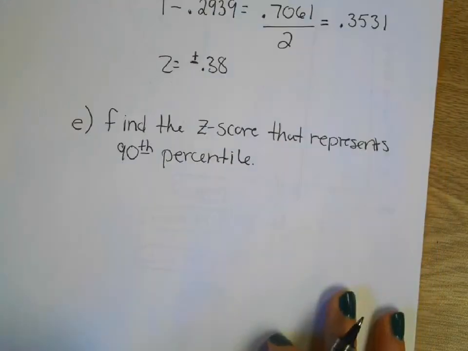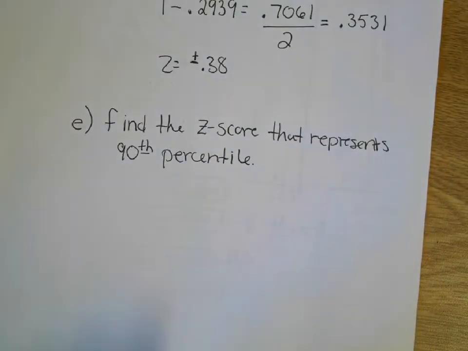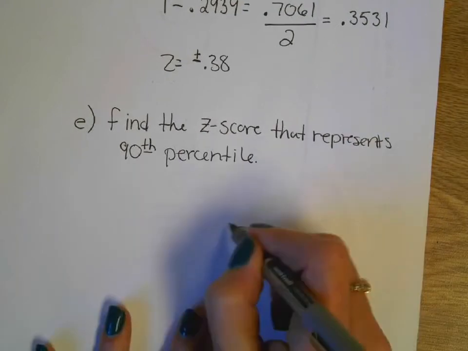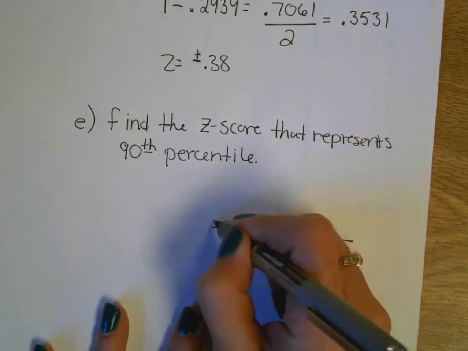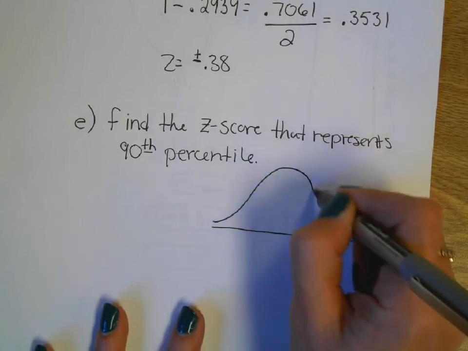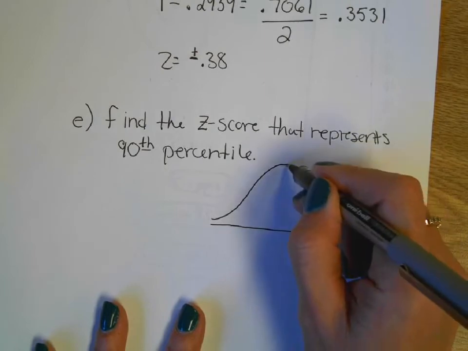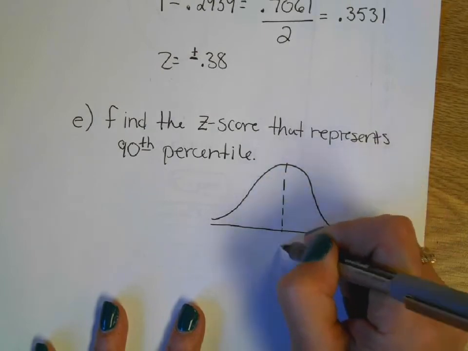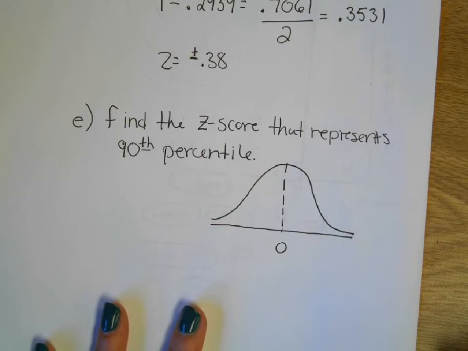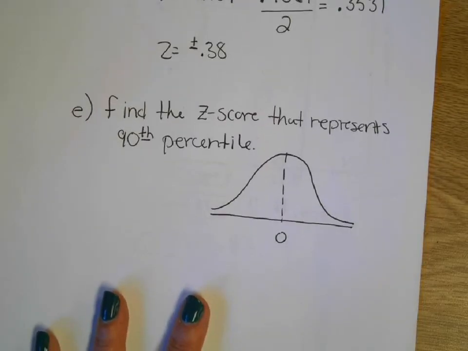Find the z-score that represents the 90th percentile. What does it mean? Say I had the graph of SAT scores, and they were converted to the standard normal. What does that mean to be in the 90th percentile again? Top 10%. You're in the top 10%, which separates you from the bottom. Nice. So are we a positive or negative z-score?